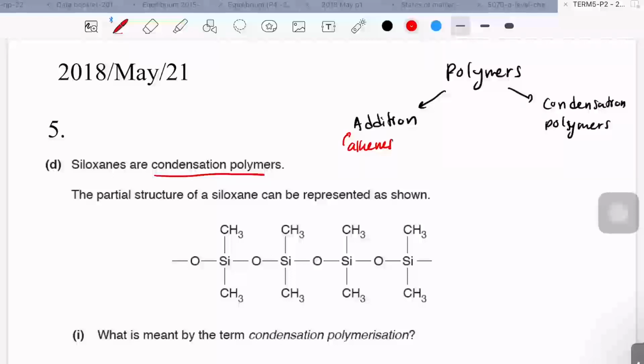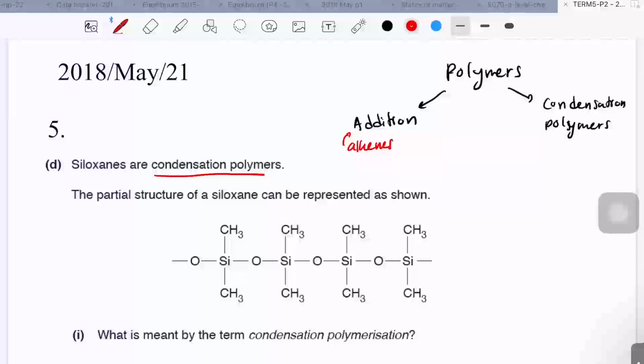But under condensation polymerization, we have learned many examples. Polyesters, proteins, polyamides like nylon, and polyesters like terylene. In condensation polymers, many monomers combine together to make a bigger molecule, a polymer, by removing a small molecule like water, or sometimes HCl.